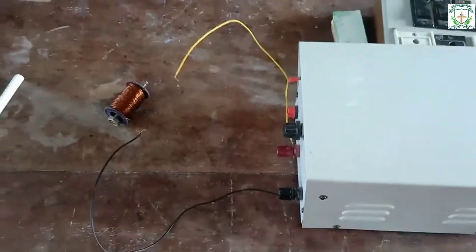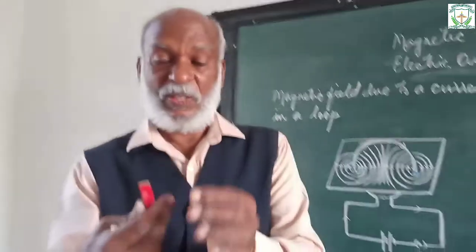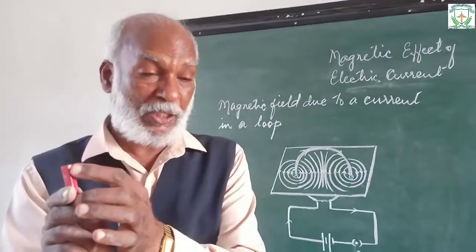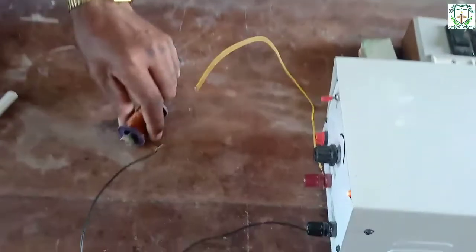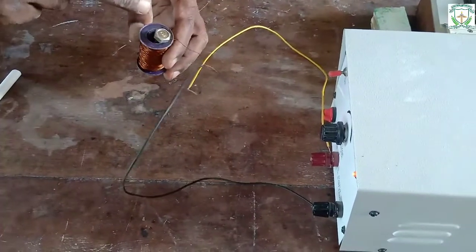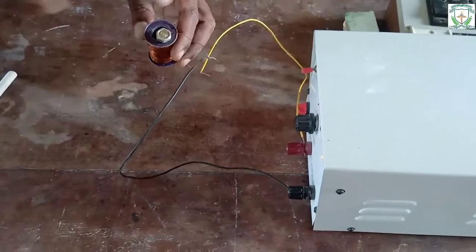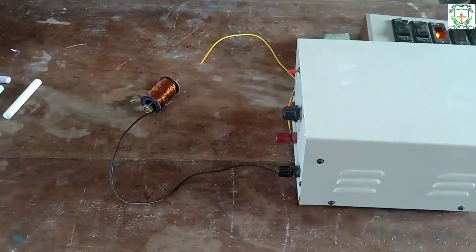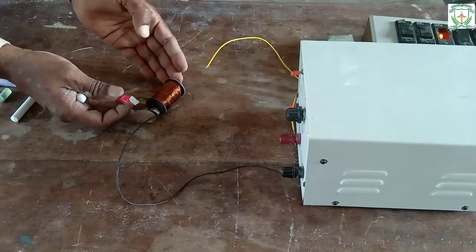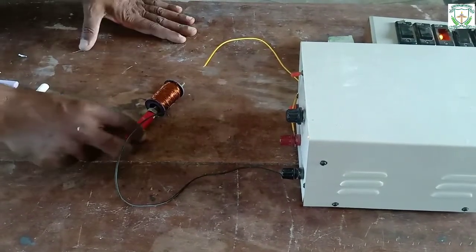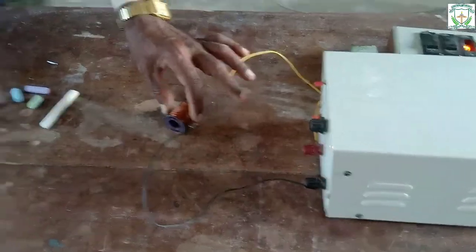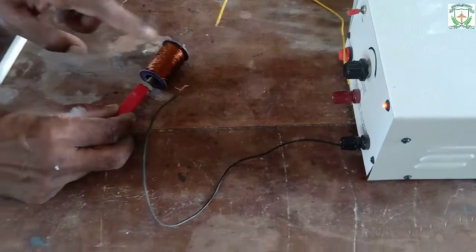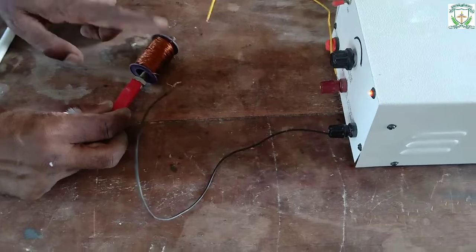Look here, this is a bar magnet. This is the north pole of the bar magnet. And you know, here the current is flowing in the clockwise direction, so it should be the south pole of this electromagnet. Look here, north and south clinch. So this is the south pole of the solenoid.